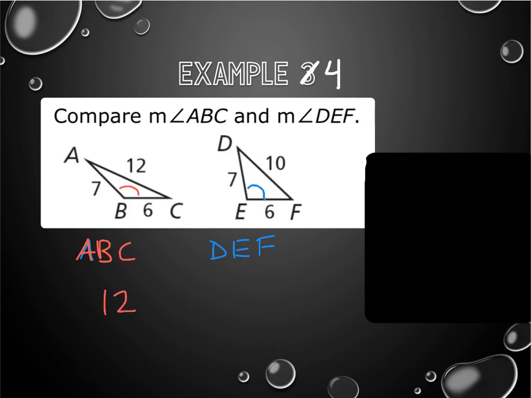What is the side that's opposite of angle DEF? 10. Is 12 greater than, equal to, or less than 10? Greater than. So is angle ABC going to be greater than, less than, or equal to DEF? Greater than. So angle ABC is greater than angle DEF.